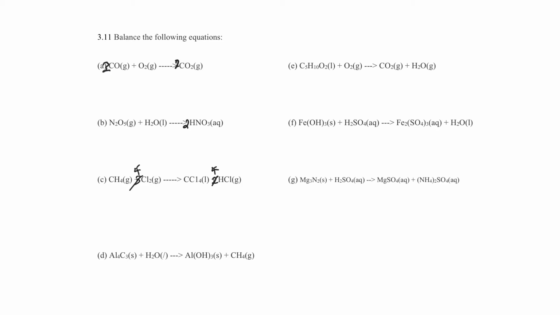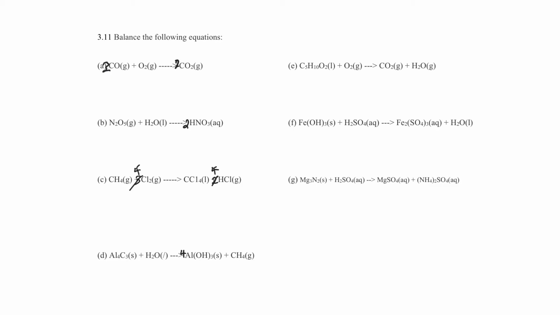Wow, I've got a carbide. Interesting. Aluminum carbide plus water yields aluminum hydroxide plus methane gas. All right, so let's start with the aluminum. I've got 4 on the left, so I'm going to come over here and do 4 on the right. All right, let's go ahead and do carbons next.